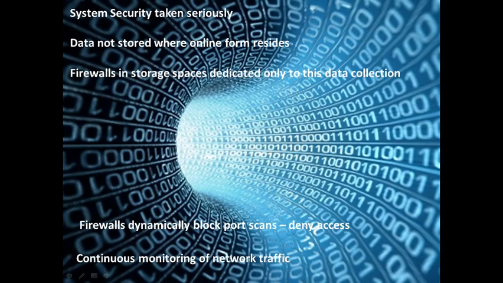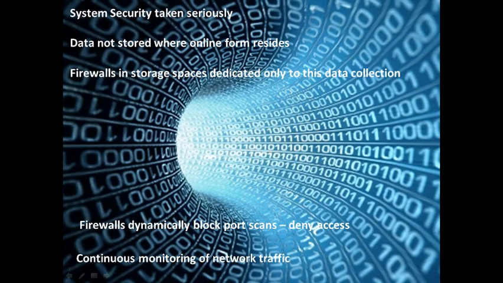Rather, all Component 2 data reported through the filing system or upload process are stored inside the NORC's firewalls in storage spaces dedicated only to this data collection effort. NORC uses firewalls that protect security against external threats by using a fleet of latest security features.